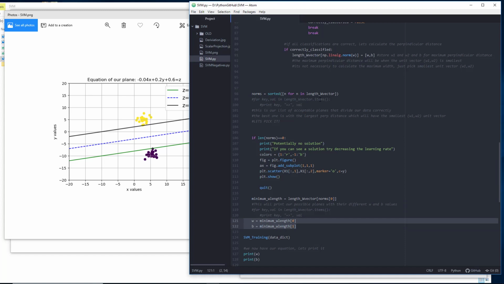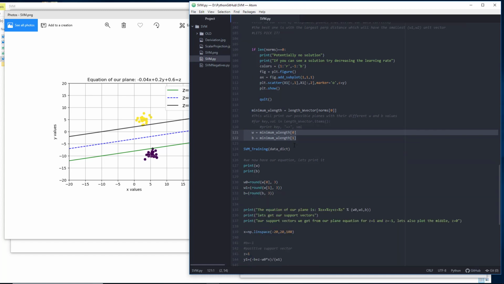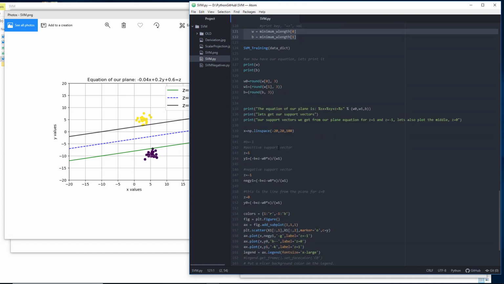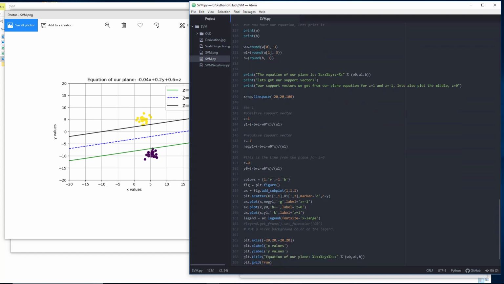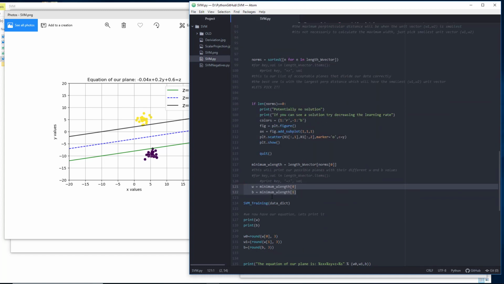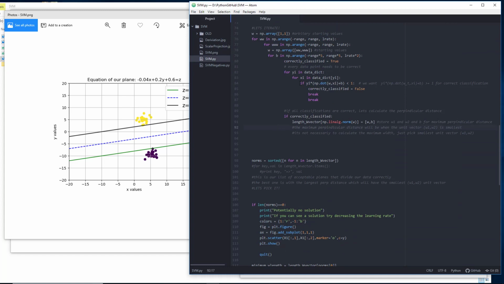There is a possibility that there is no solution. If the data points lie along each other or no line can divide the data correctly, it's very possible that there is no solution, and this section of code deals with that potentiality, and then it plots it. The rest of this is just plotting code. So the crux of it is this is the first decision boundary, checking if the plane does divide the data correctly.